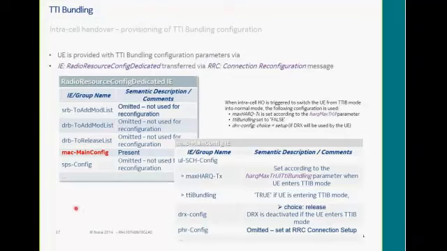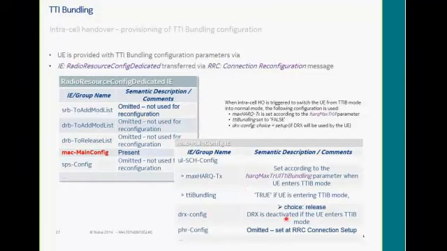In the messaging, in the MAC main configuration, you're going to have a TTI bundling field. This TTI bundling field will be set to true. We will have a new set of maximum hybrid ARQ transmission parameters for TTI bundling. So it'll be different than the regular non-TTI bundling mode.